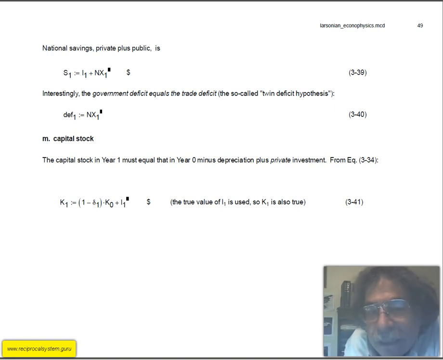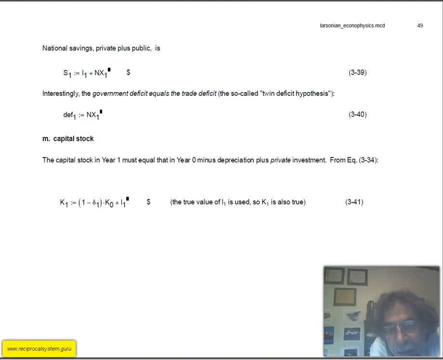This is a key thing here in this paper. We do accept the twin deficit hypothesis. So we do accept the national identity equations and the twin deficit hypothesis. The rest of most of modern economics we throw out. So deficit sub 1 equals NX sub 1, which is the imports.